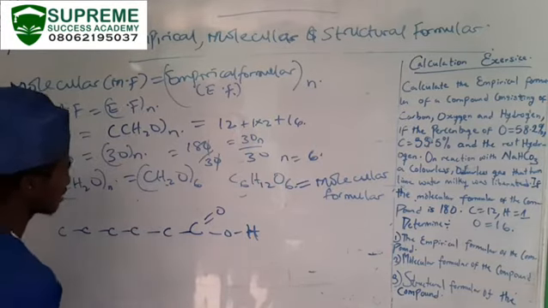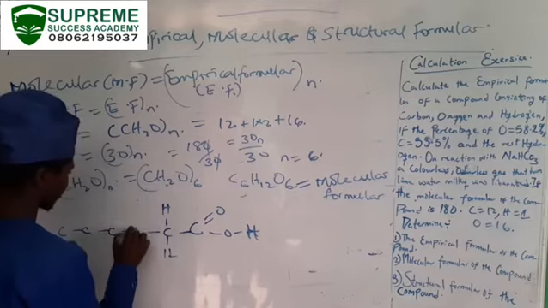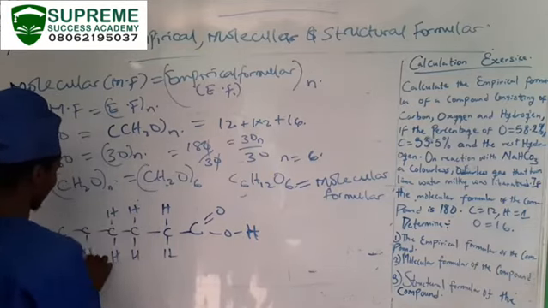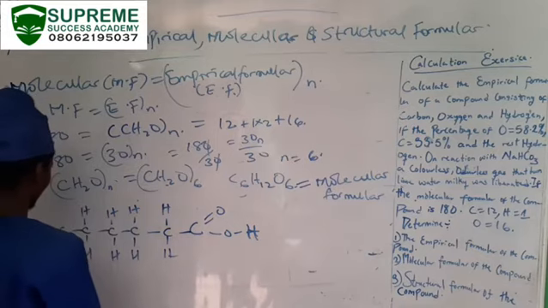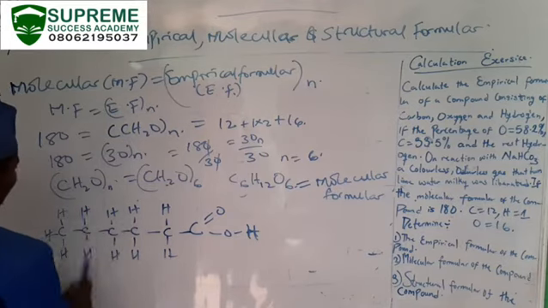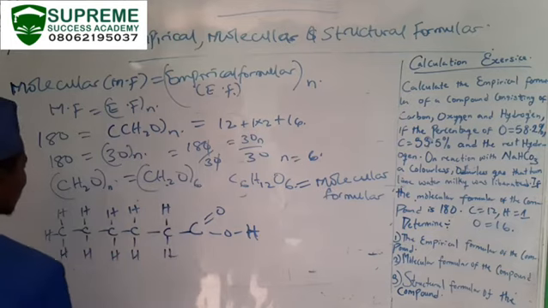So let's fill in the hydrogen. That gives us 1, 2, 3, 4, 5, 6, 7, 8, 9, 10, 11, 12. So this is what we have done. Of course, we have 6 oxygen.